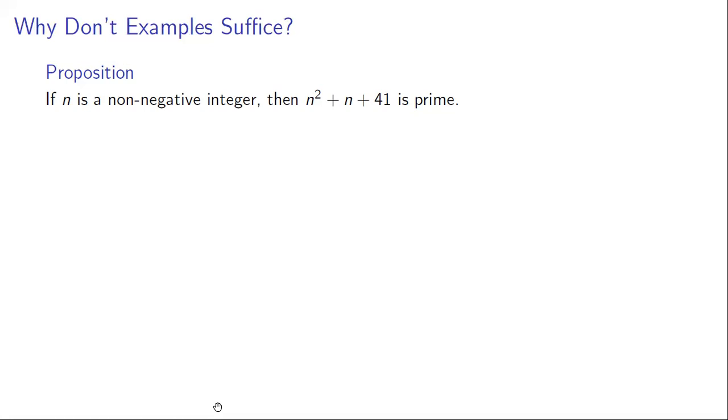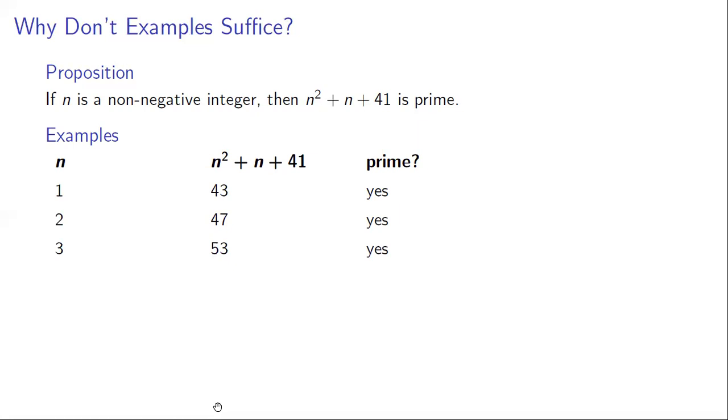Well, let's try some examples. We're going to have a value for n, and then n squared plus n plus 41, and we're going to see whether it's prime or not. If n is 1, then the result of that expression is 43, and that is a prime number. So that seems to be good. How about 2? That also works. How about 3? That also works. And so on.